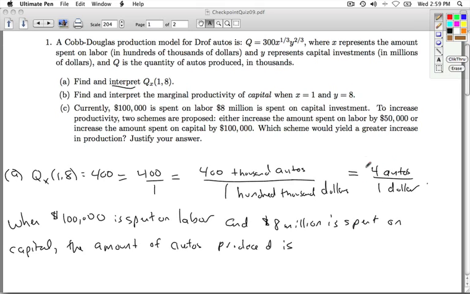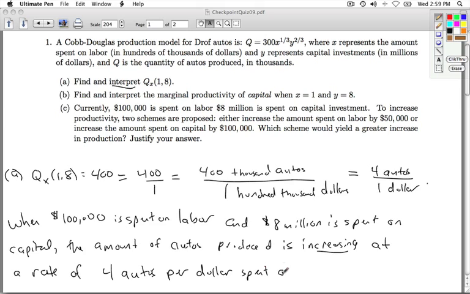Well, it's a positive number, so that means it is increasing at a rate of 4 autos per dollar spent on labor.